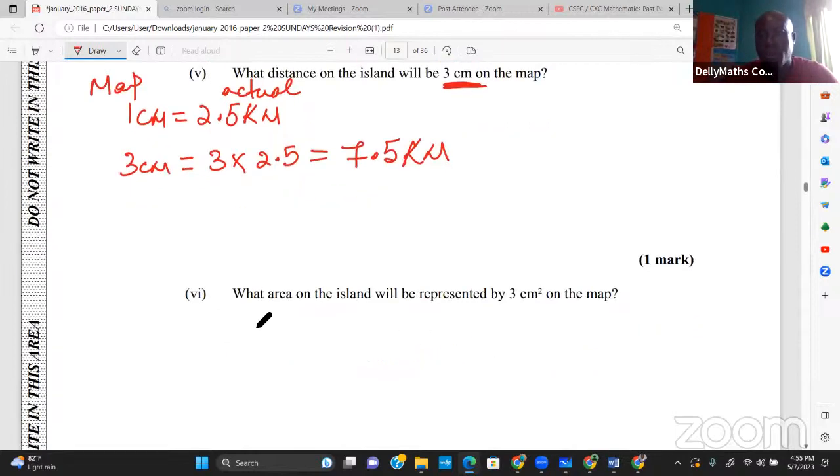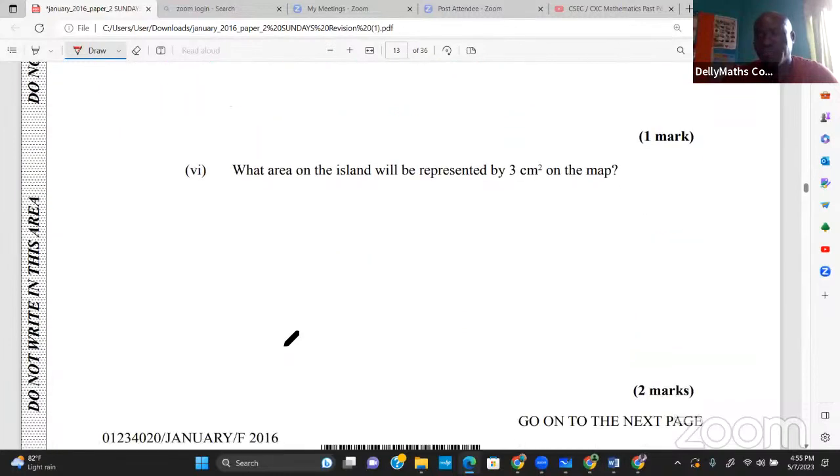Stepping up the game now, some 1-1 mark question. Here's a 2 mark question. It says, what area on the island will be represented by 3 square centimeters on the map? Very good question. Pay attention to details. What area on the island will be represented by 3 square centimeters on the map?